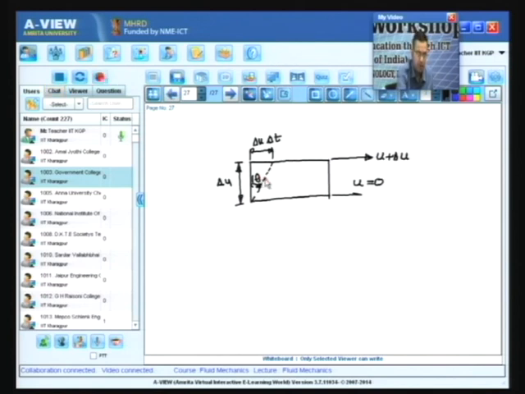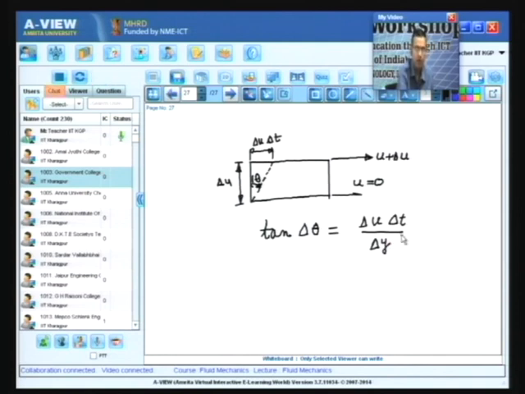Now, from the geometry of the figure, we can say that tan of delta theta is equal to delta u delta t by delta y.